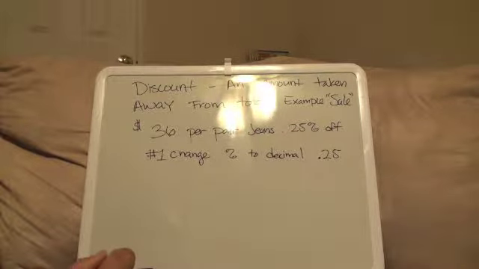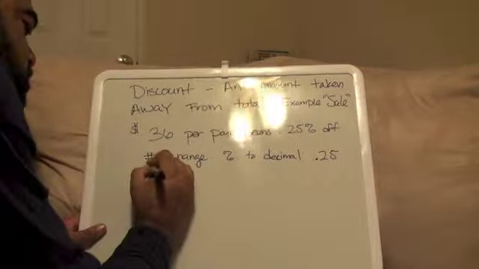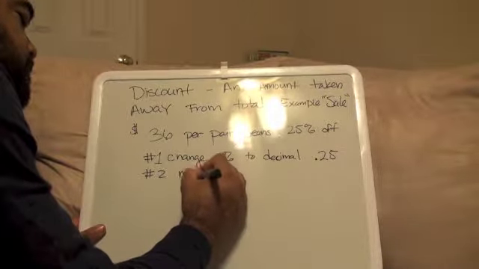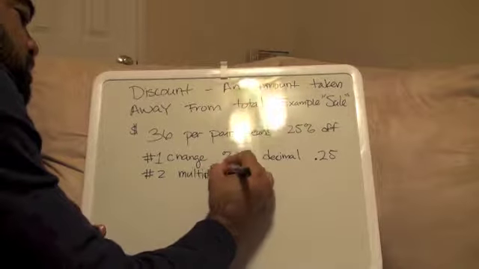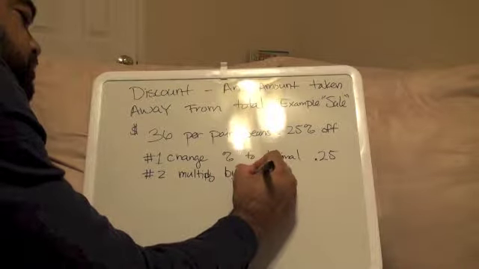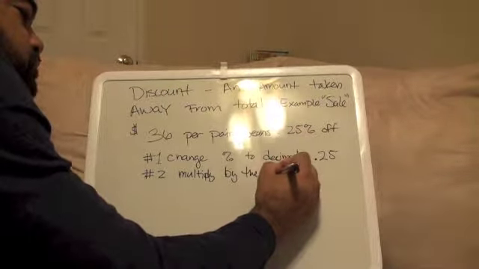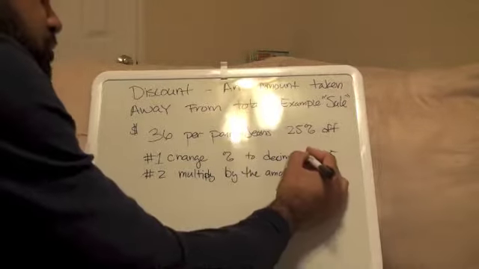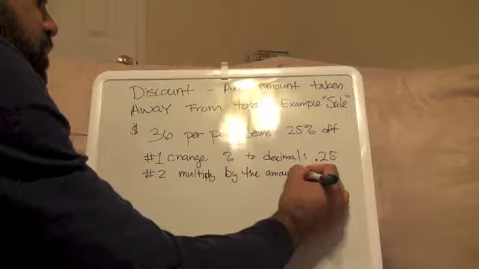And what's step 2 again? Step 2 is to do what? Multiply by the amount. So step 2, you're going to multiply by the amount. What's my amount? My amount is $36.